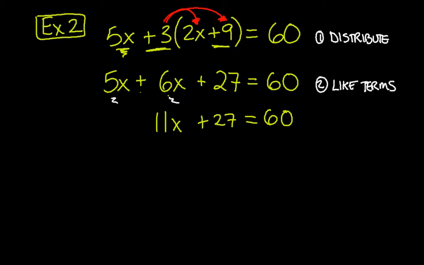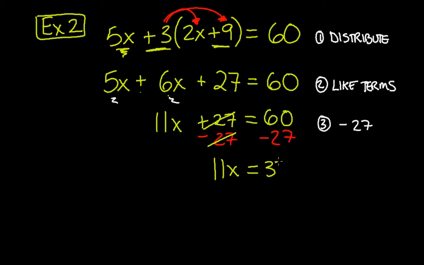And now we can solve like a regular two-step equation. We're going to minus 27 on each side. So minus 27, minus 27. The 27s cancel each other out because that's the whole point. So you get 11x equals 33.